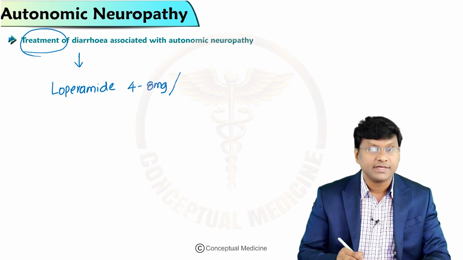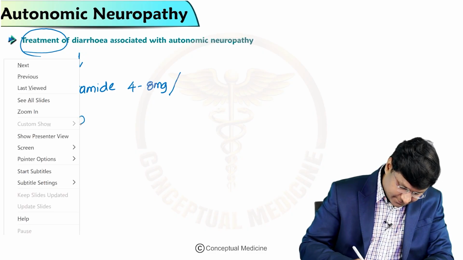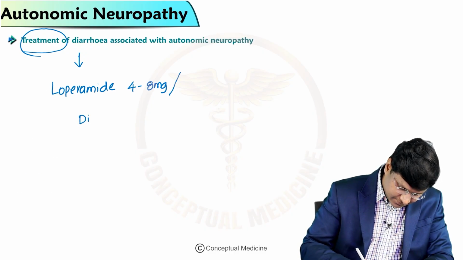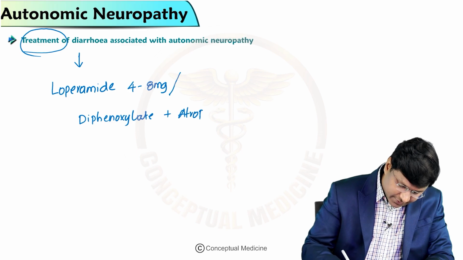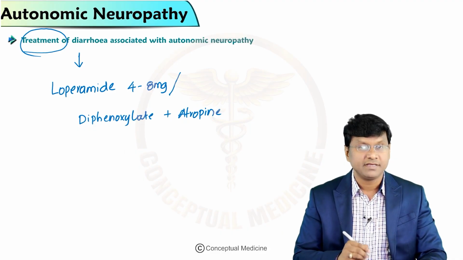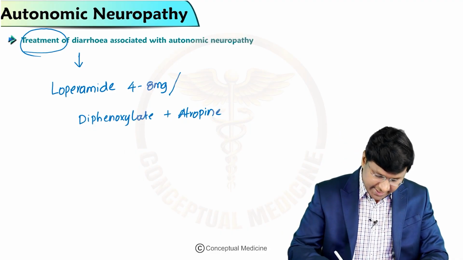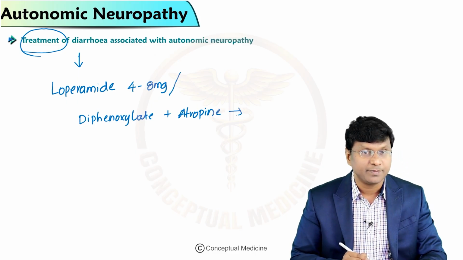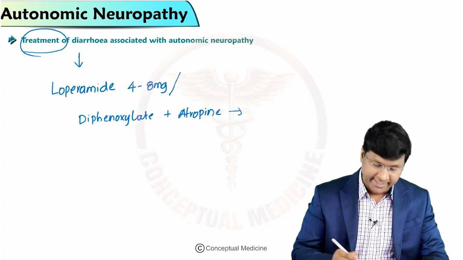Or you can give difenoxylate with atropine. This is another combination which can be given to reduce the gastrointestinal motility. And this difenoxylate plus atropine should be given 2 tablets up to 4 times a day.